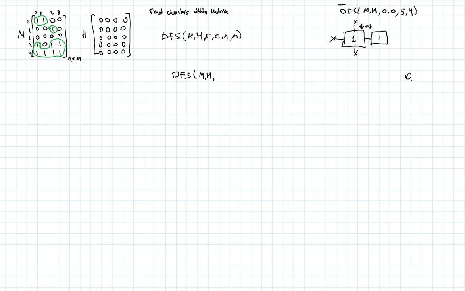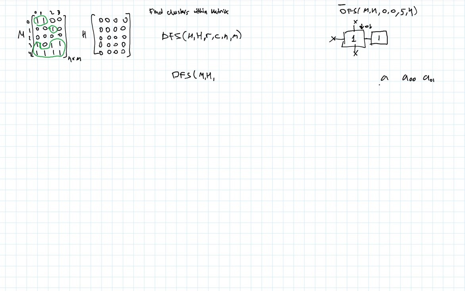So suppose this is my value at 0 0. So this value will be 0 1.